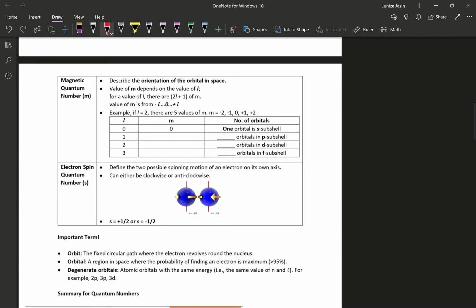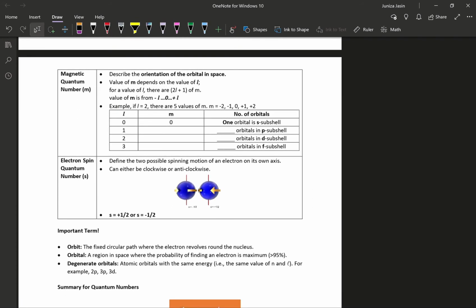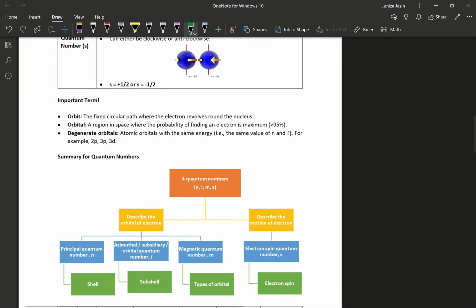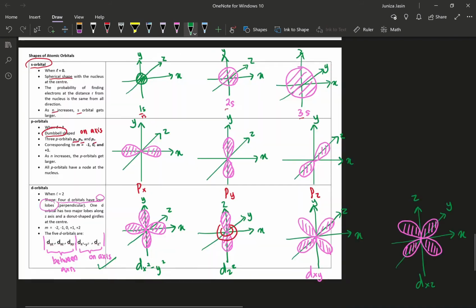Okay, so next let us move to magnetic quantum number. Magnetic quantum number describes the orientation of orbital in space. For example, P orbital tadi. P orbital dalam drawing kita ada draw 3 drawing of P orbital. Disebabkan kenapa ada 3 drawing P orbital?